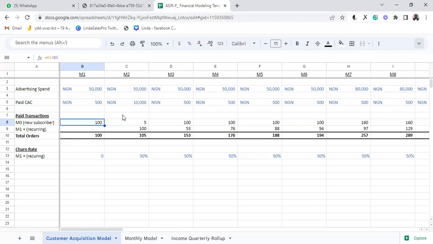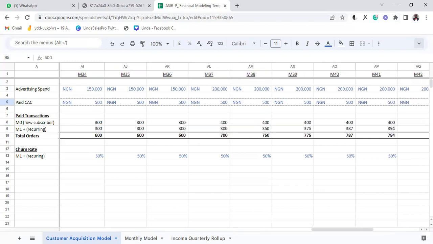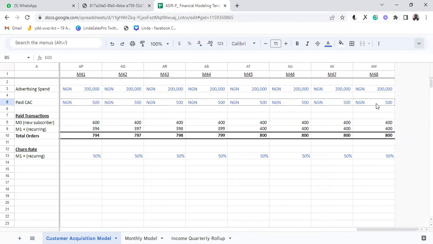Okay, so beautiful. So what we now need to look at here would be, in this case, remember we spent 500 here. So I can drag this and I can drag it to the end as the case may be. Maybe let's say our CAC remains the same to the end, right? Till 4 years. So it costs us 500 to acquire customer all through.